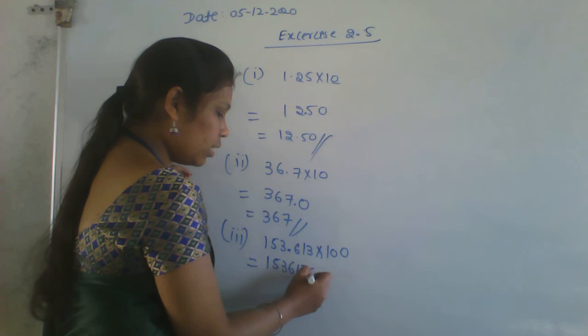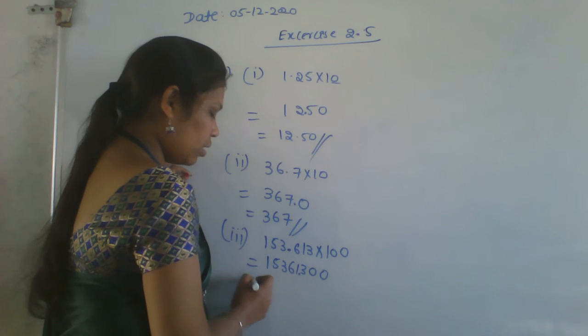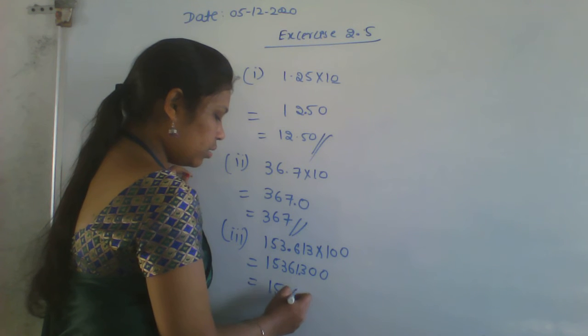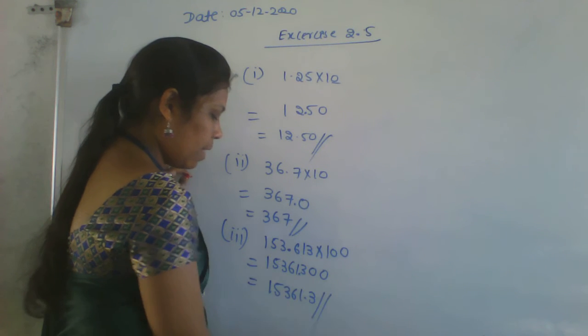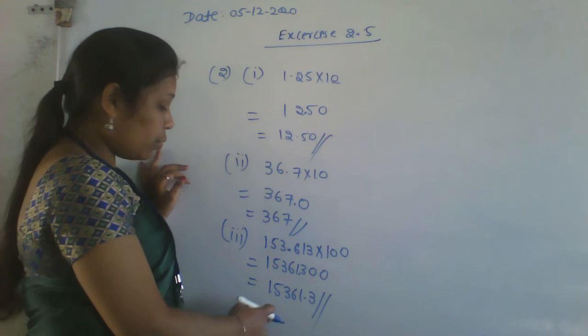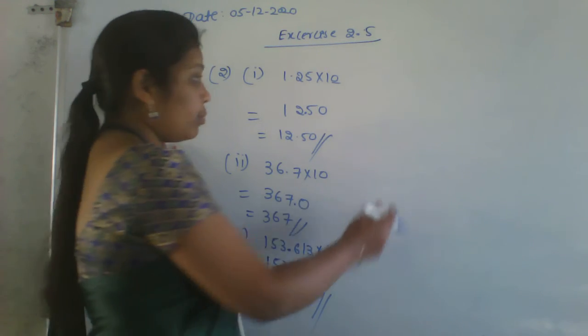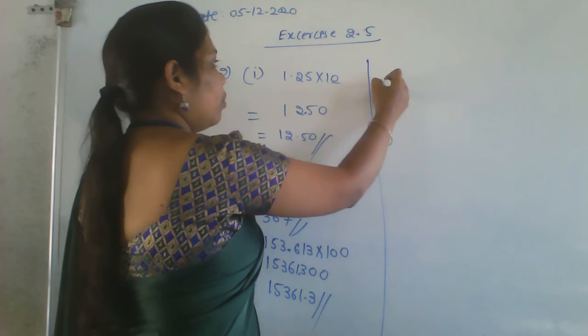How many zeros are there? 2 zeros. So 2 places for the point. 1, 2. Okay. That answer is 1536.13. 1536.13 is the answer. Okay. So next, fourth one.